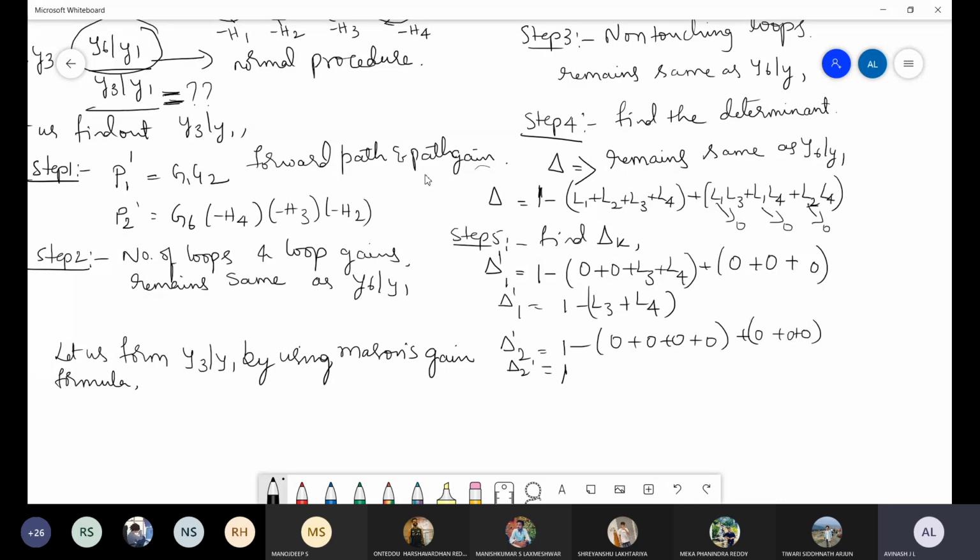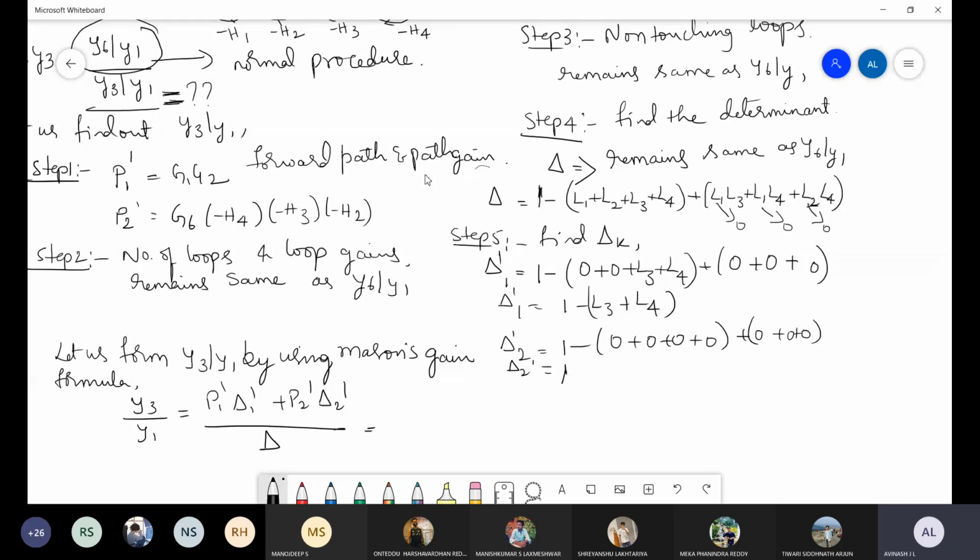In that formula, Y3 by Y1 is equal to, obviously, P1 dash delta 1 dash plus P2 dash delta 2 dash, divided by delta.